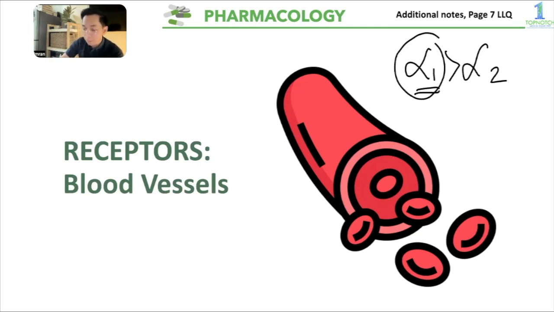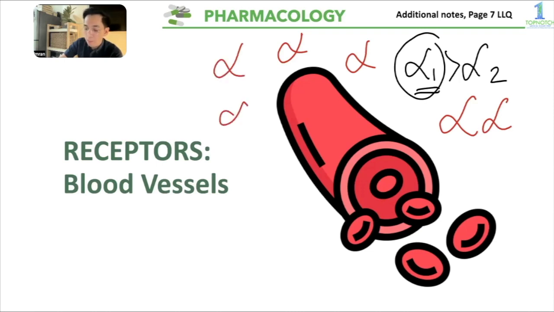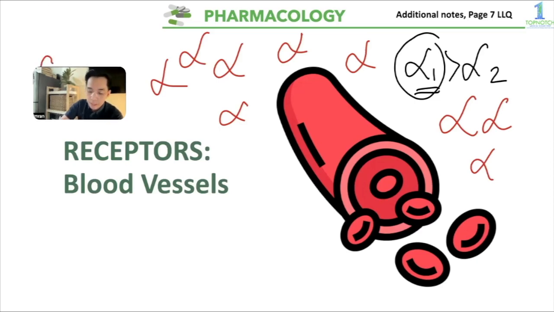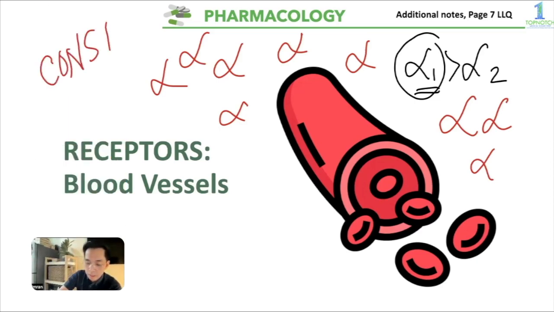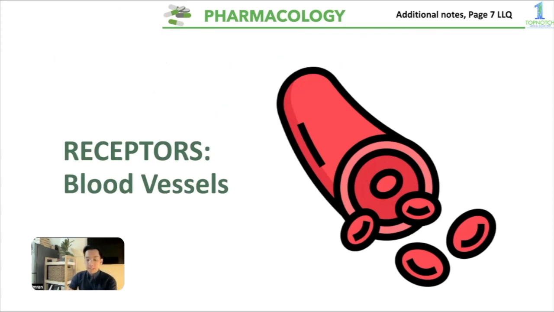To remember it easier, pag rinowin niyo yung alpha 1, mukha siyang blood vessel, no? So, therefore, your alpha receptors are mostly seen in your blood vessels. And what does alpha 1 do when stimulated? It constricts the blood vessels.